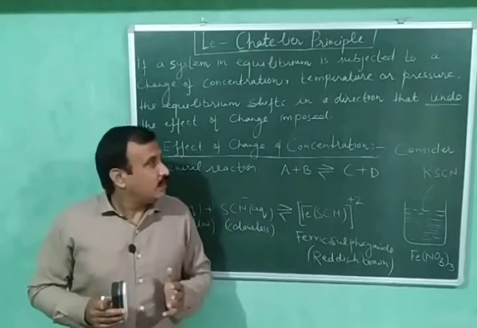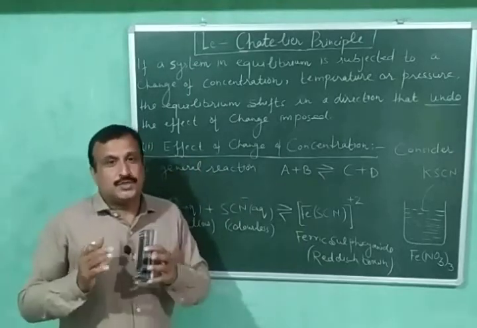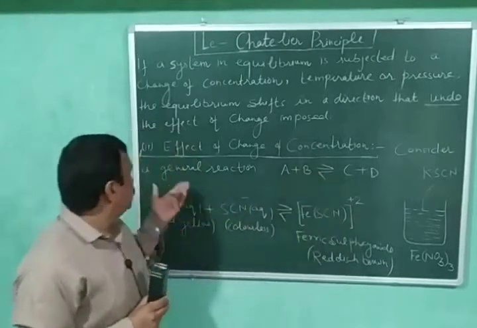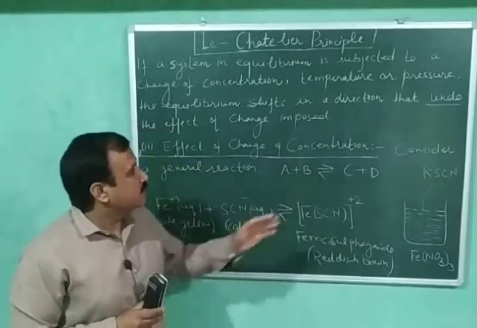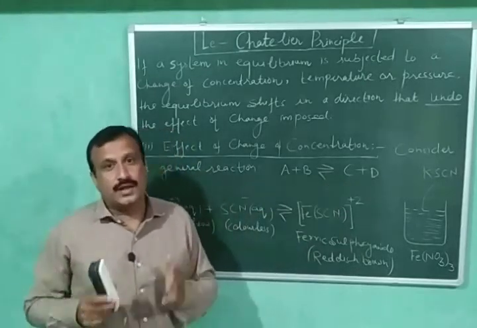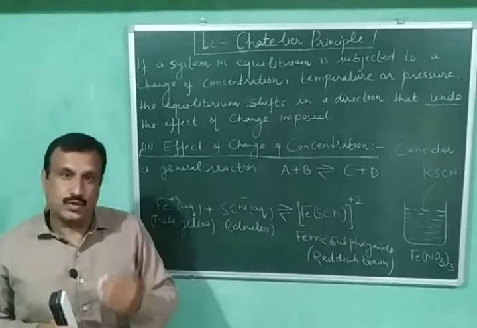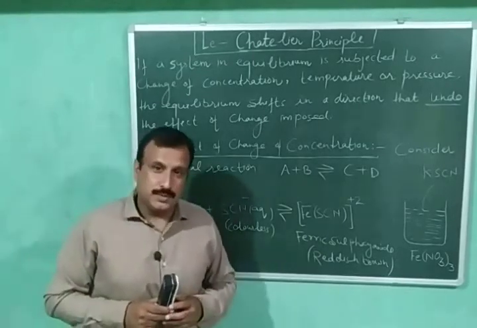Now let us discuss the effect of change of concentration on the state of equilibrium. To explain this, I have considered a general reaction in which A is reacting with B, giving us C and D. So A and B are our reactants and C and D are our products, and this reaction is at equilibrium.